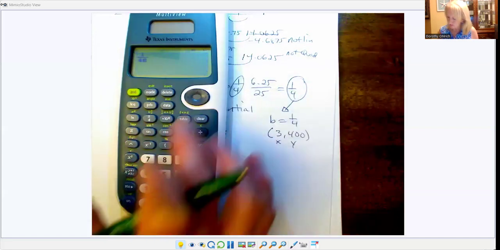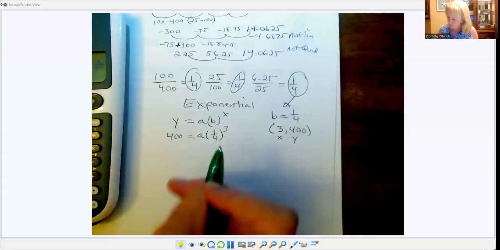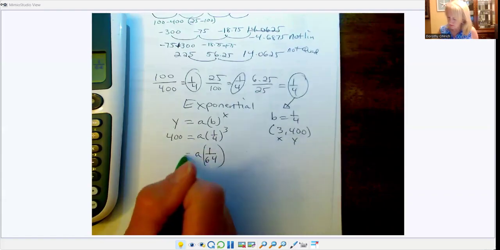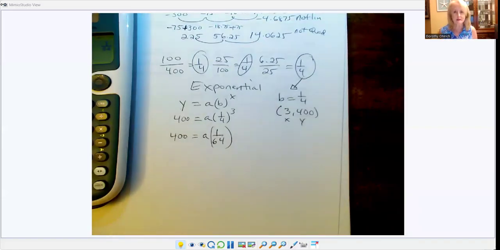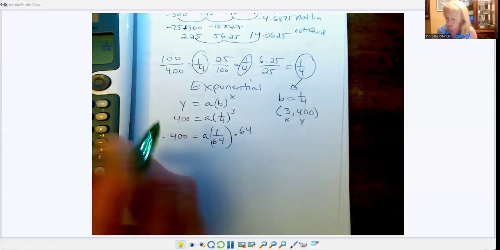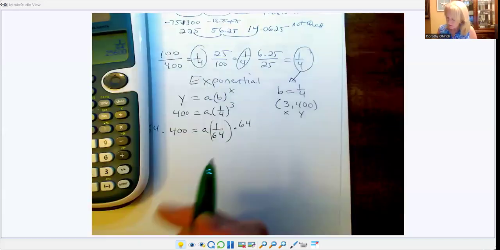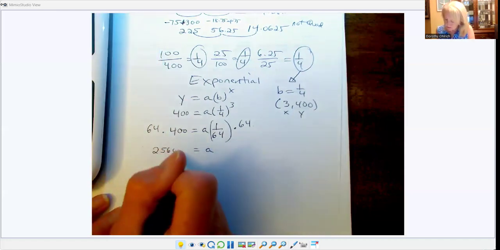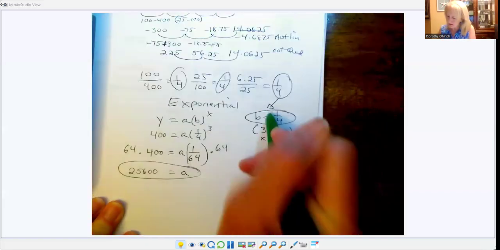If we do 1/4 to the third power, we get 1/64 times a equals 400. So how do you solve when you have a fraction? You multiply by the reciprocal, which would be 64/1, or just multiply by 64. 64 times 400, a equals 25,600.